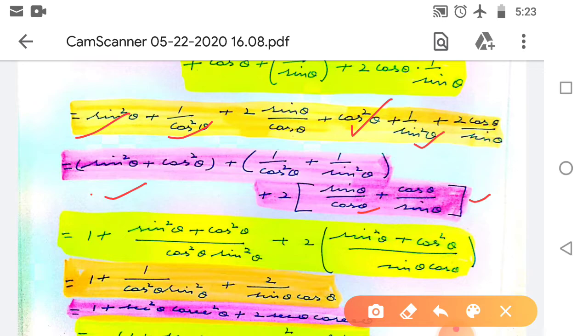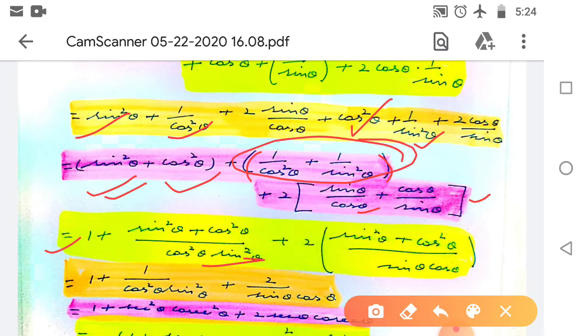You can take these two terms separately, take the LCM. This sin square theta plus cos square theta becomes 1, no issue. As far as these two terms are concerned, take the LCM as cos square theta sin square theta, and the numerator becomes sin square theta plus cos square theta, and here you can take 2 common. So, we are left with this after taking the LCM here.